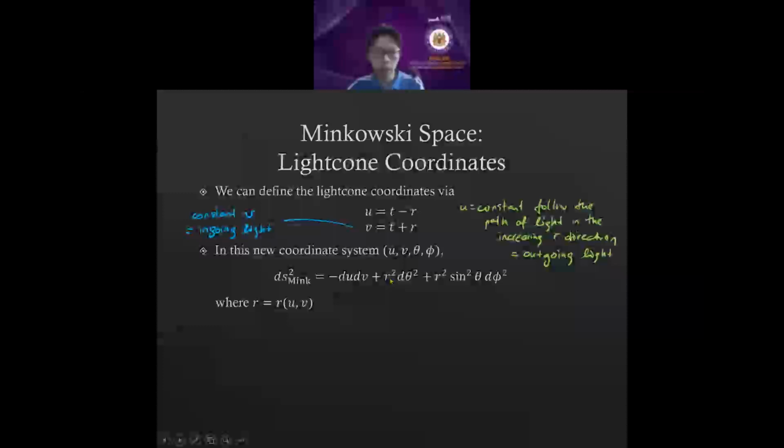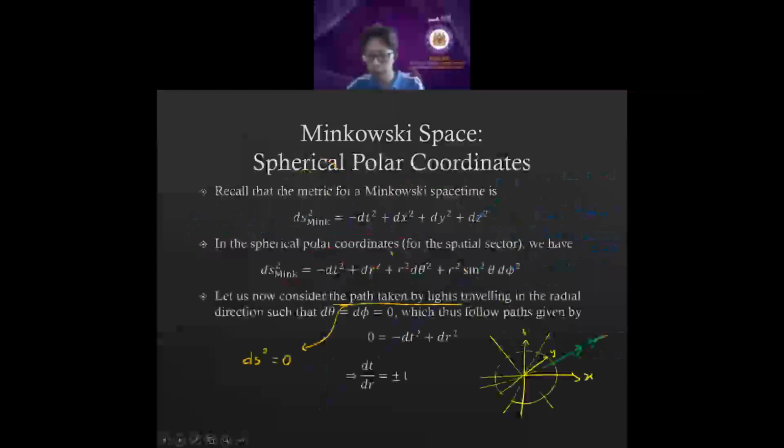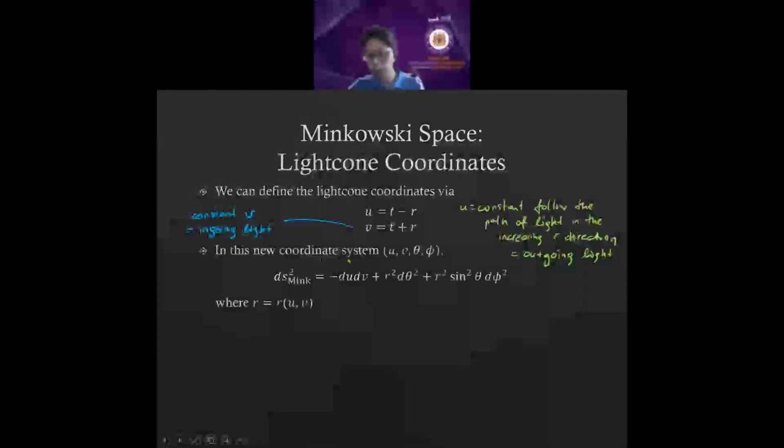This would be an exercise that you would want to do. Try to do this one. You can begin with the coordinate system t, r, theta, and phi. Try to change the coordinate system to show that in this new coordinate system, the metric looks like this.